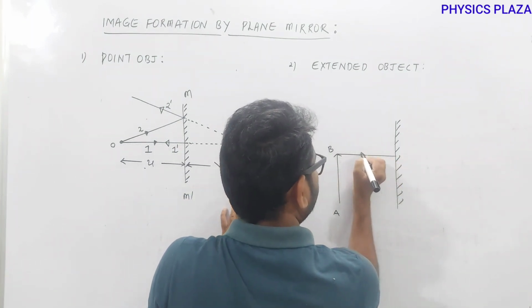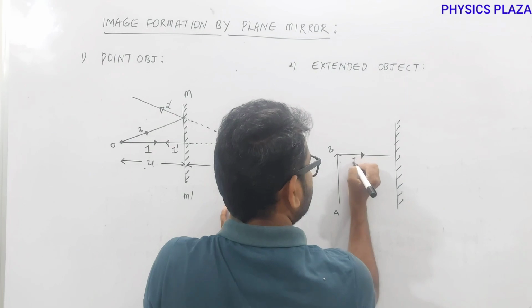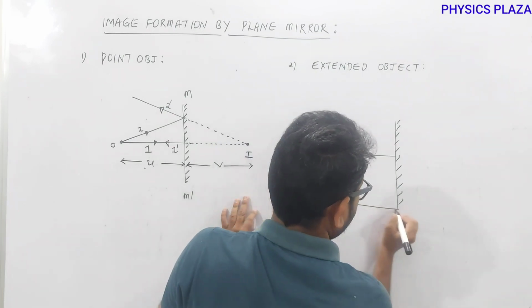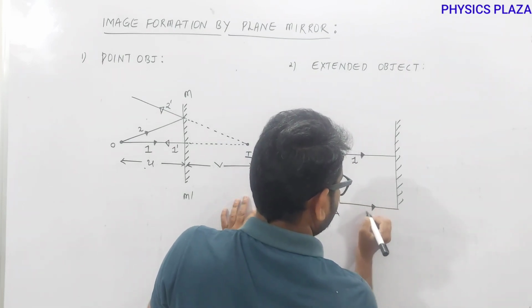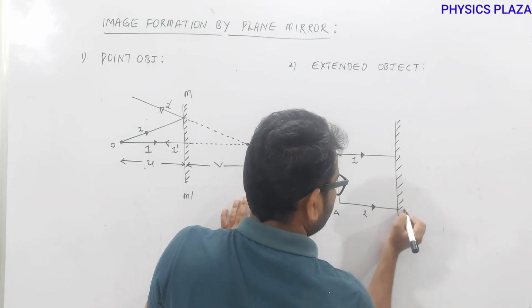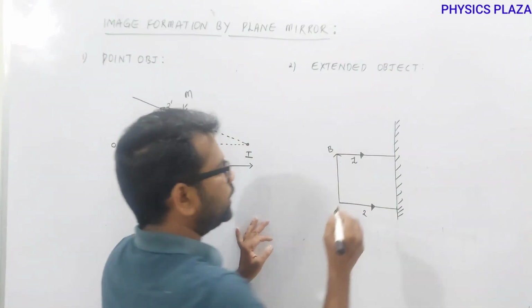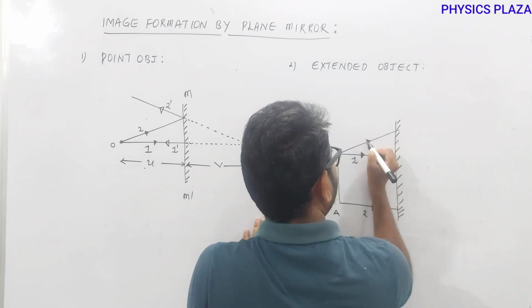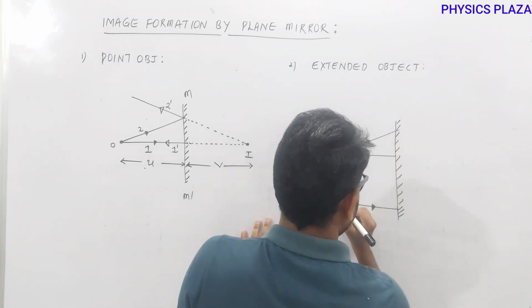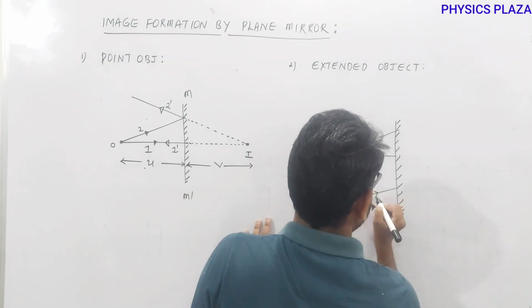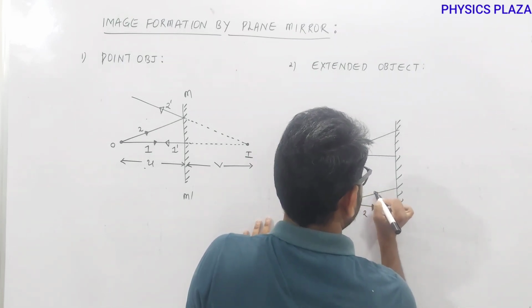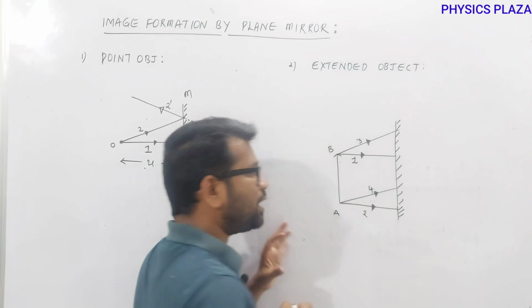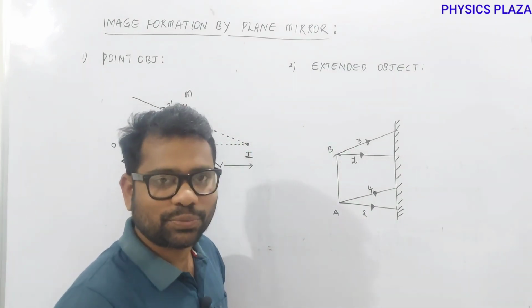This is the first incident ray and this is the second incident ray. Let us take two more light rays. This is the third incident ray and here is the fourth incident ray. Children, these are the 4 light rays which we have taken in order to obtain the image.